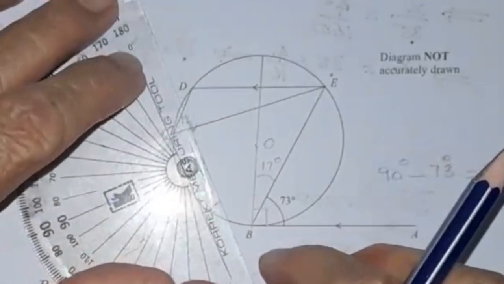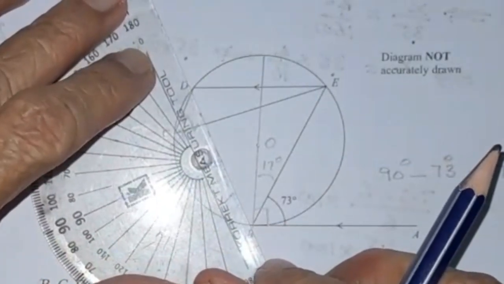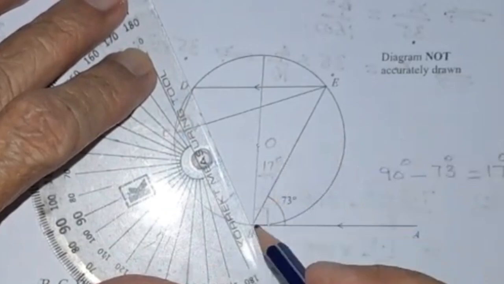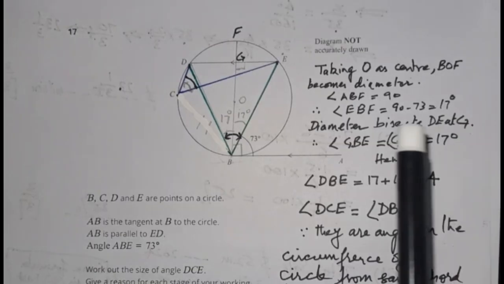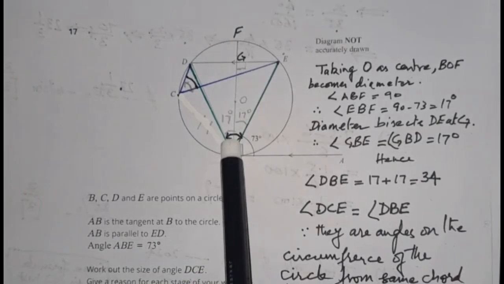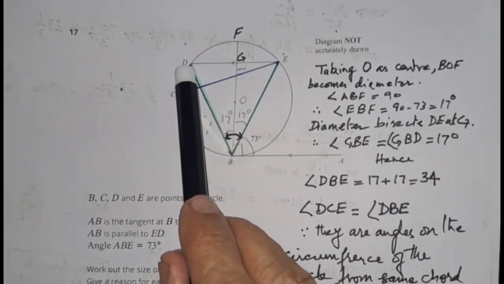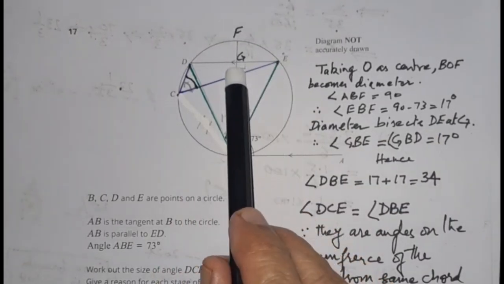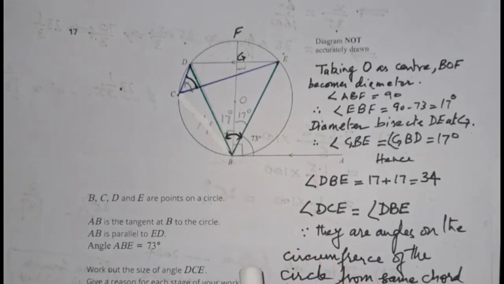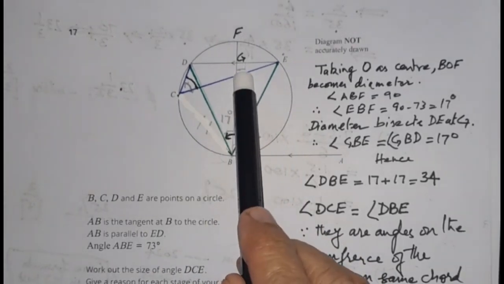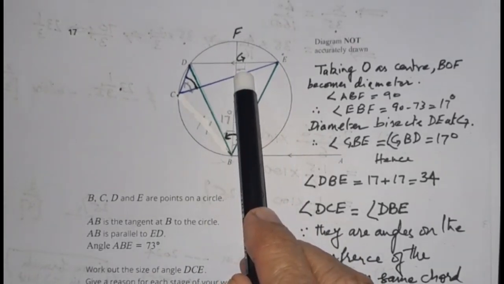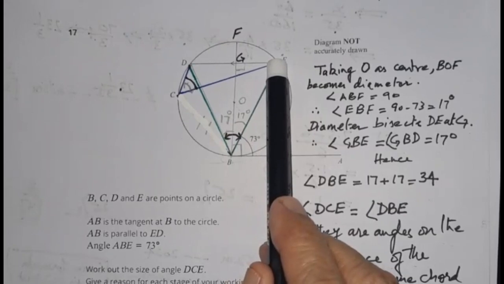Similarly, if I join DB, the diameter BF bisects DE at G, because this is also a 90 degree perpendicular bisector of DE.